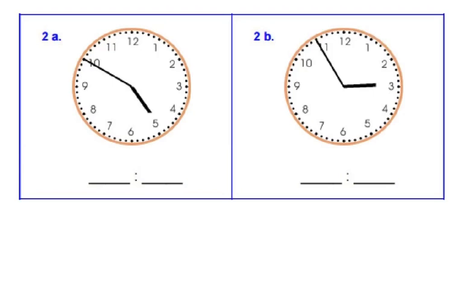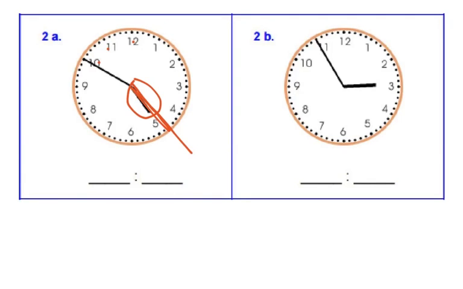Okay, for 2A, look at this one. Notice that my minute hand is all the way at that 10 again. Whenever I start having the minute hand around the 9, 10, 11, or 12, you're going to notice that my hour hand gets closer and closer to the next hour. But remember, it hasn't passed the 5 yet.